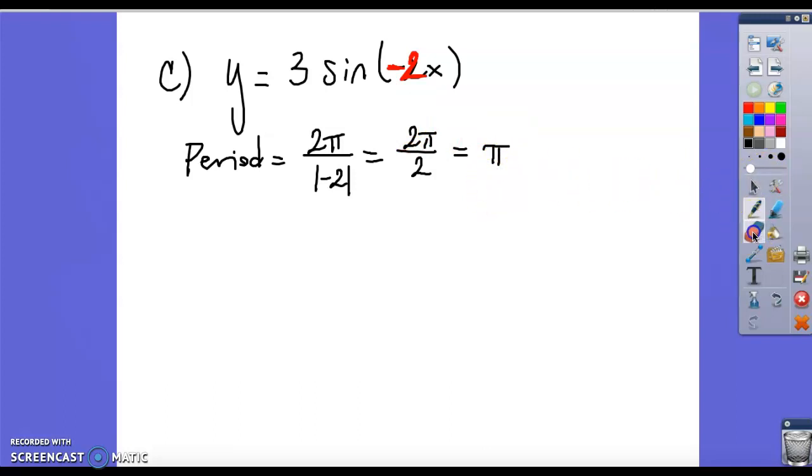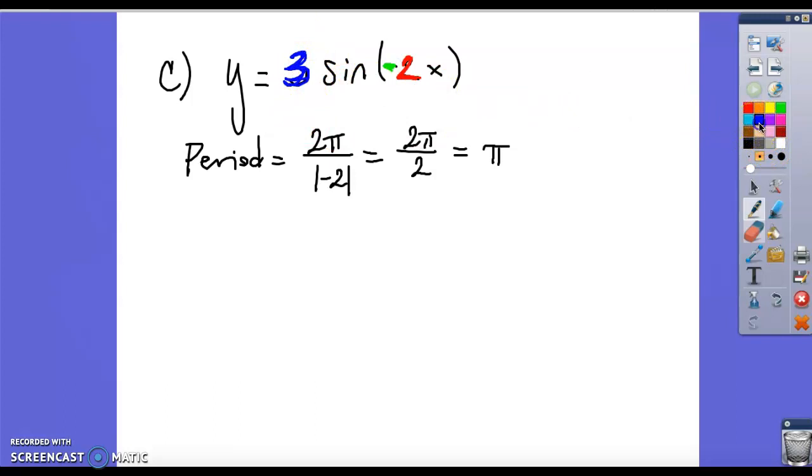Let's talk transformations here. A couple of things are going on. The function is multiplied by 3, so that's a vertical stretch. On the inside, it's multiplied by negative 2. I'm going to separate these out.